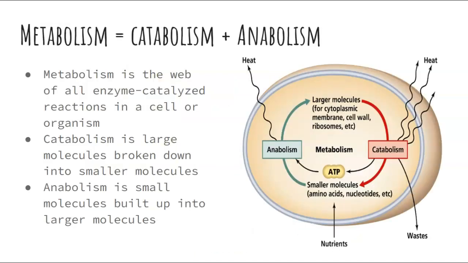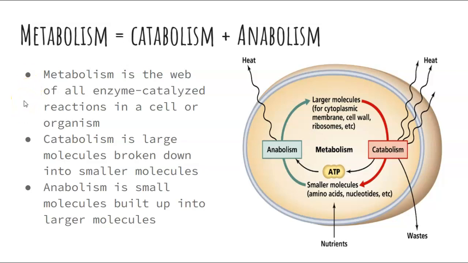Now moving on, we're going to talk about metabolism, what that is. Metabolism is actually made up of 2 different subtopics. Metabolism is the entirety of catabolism and anabolism. So metabolism is all of the enzyme catalyzed reactions in a cell.